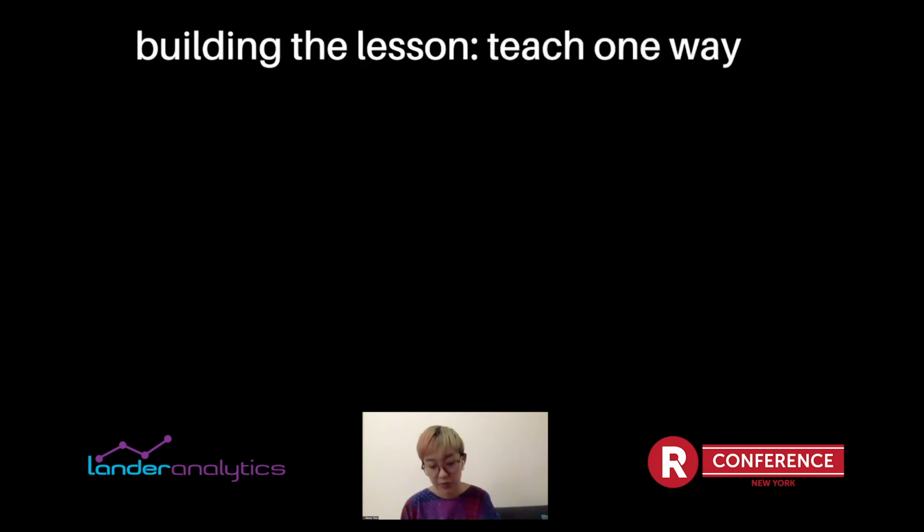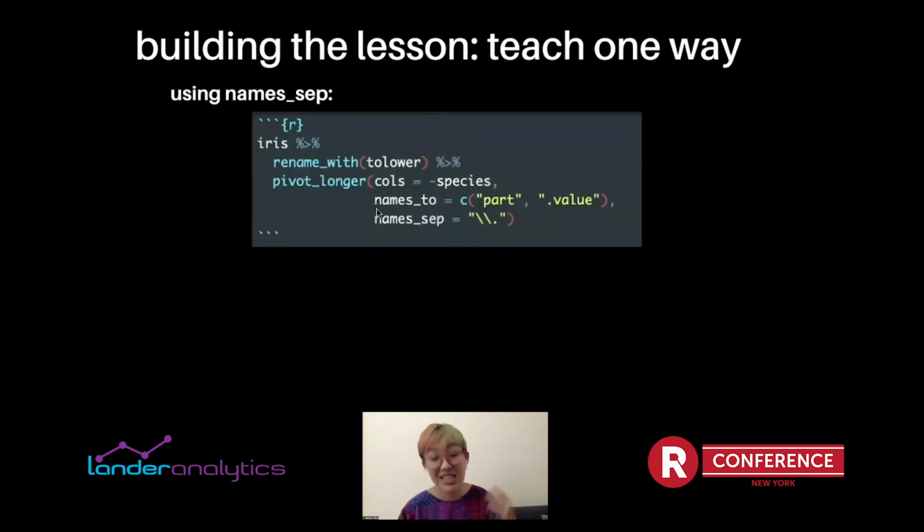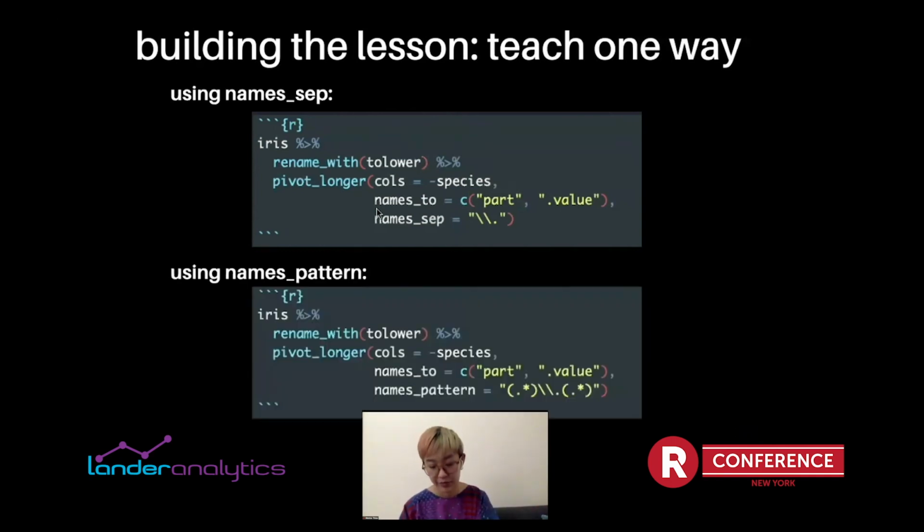For example, in the pivot longer chunk that I showed before, where we're teaching people how to pivot the iris dataset, there's 2 different ways to split the column names. One way is that we could use the names_sep argument of iris in order to break up column names at the period. Another way is that we could use names_pattern to use capture groups to break up the 2 sections of the column name.